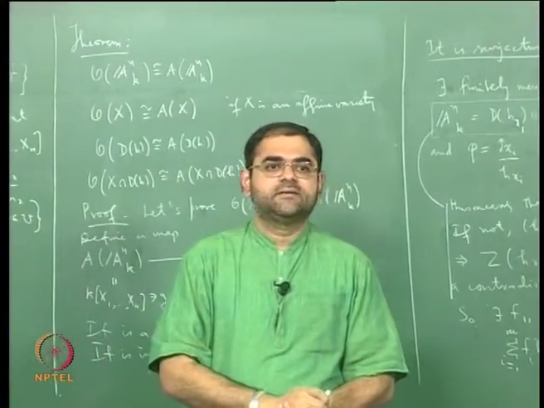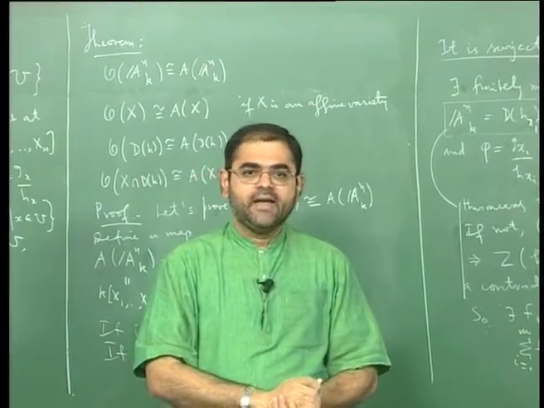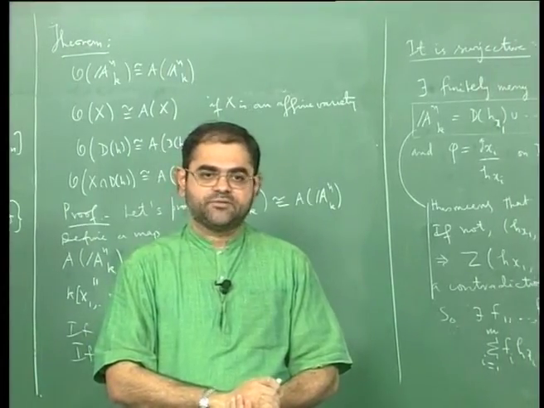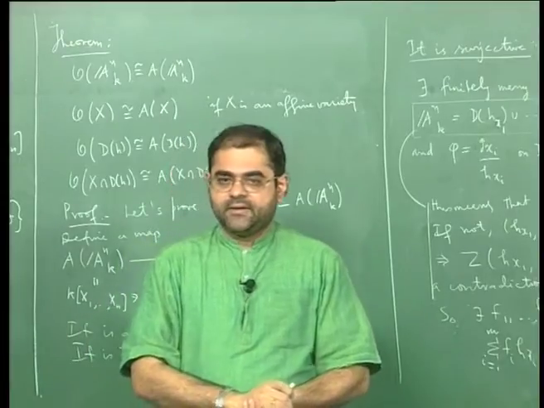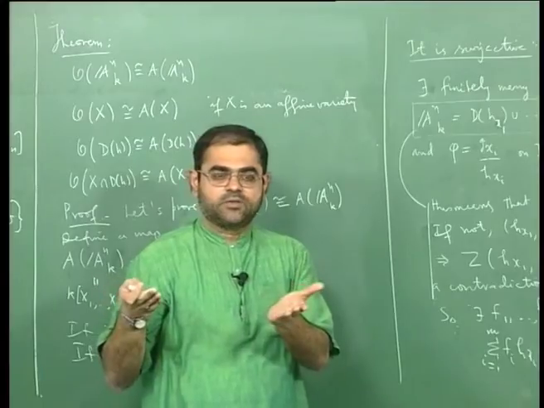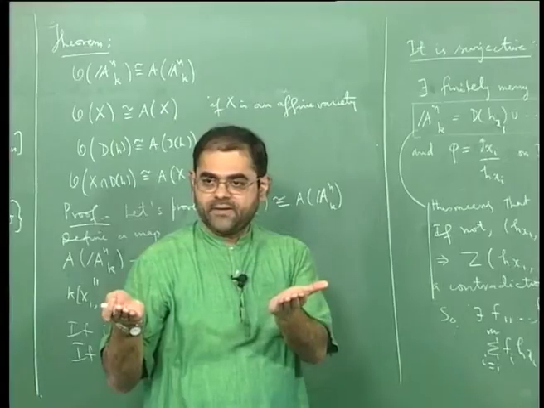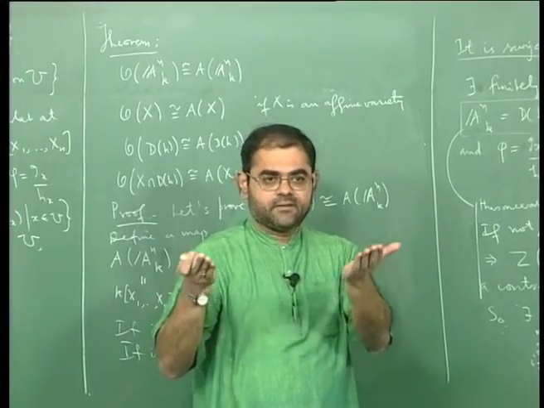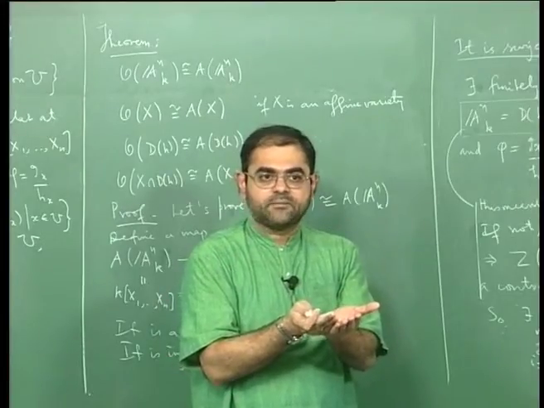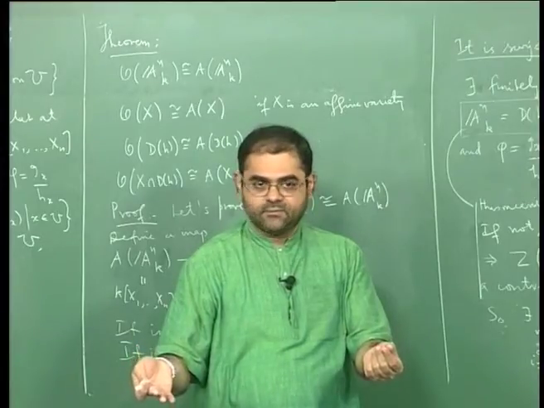The reason is topological. The reason is that regular functions are continuous and open subsets are dense. It is very simple. The reason is topological, okay. So all I am saying is that if I have two regular functions, and they coincide on an open set, it means that the difference regular function is 0 on an open set, okay.